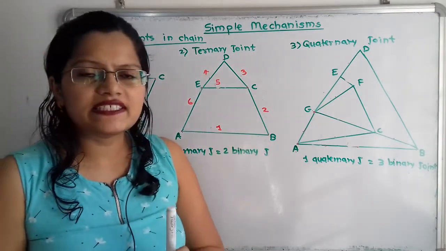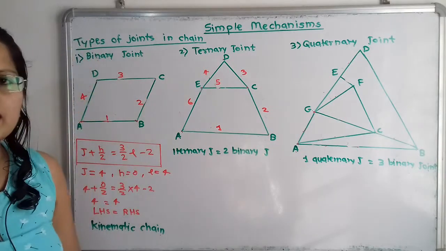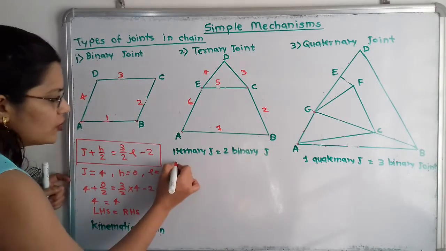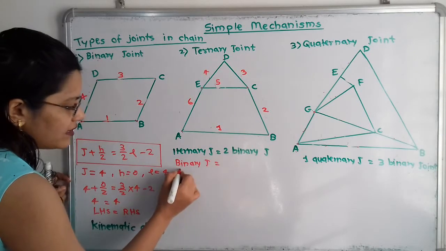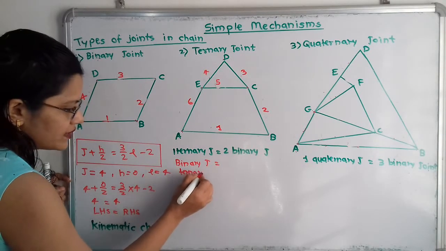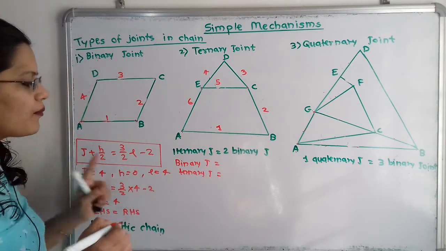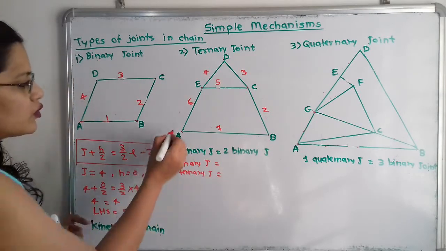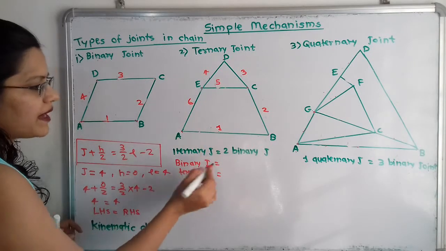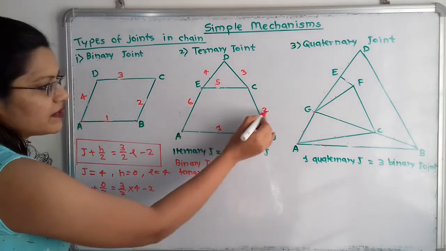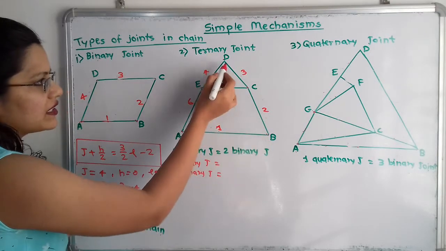Now we will decide how many binary joints and ternary joints there are. So I will write here binary joints and here ternary joints. How many binary joints are there? Point A is connected to links 1 and 6, so it is a binary joint. Point B is connected to links 1 and 2, so binary.